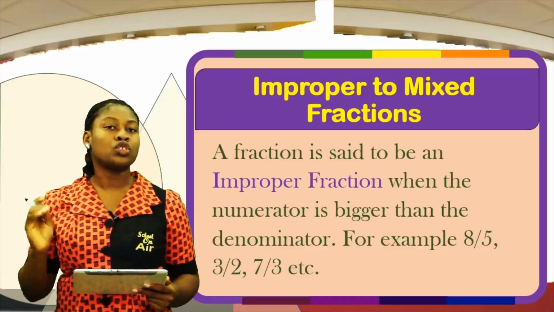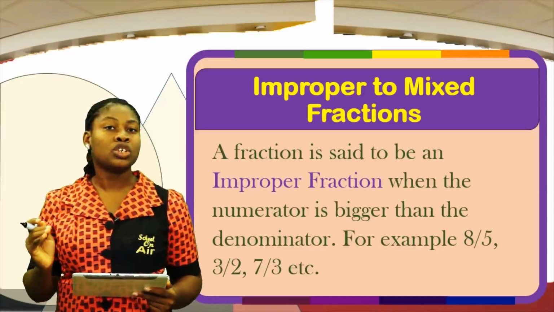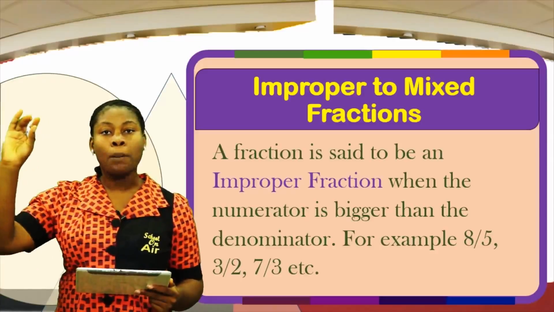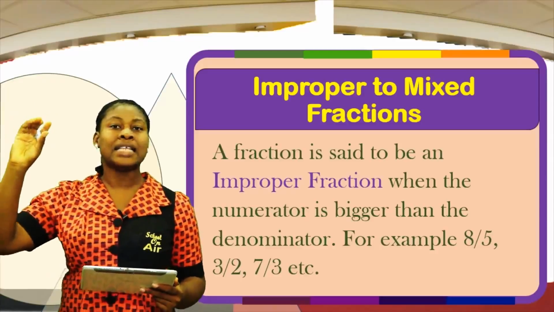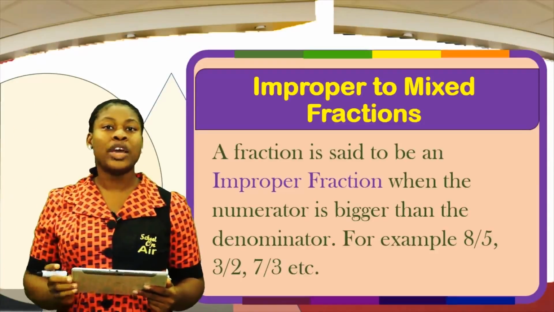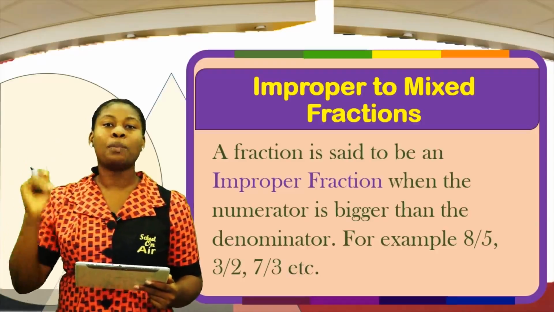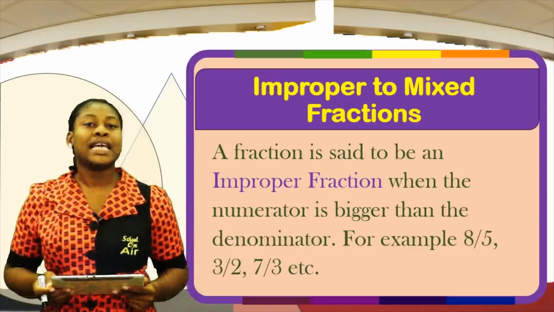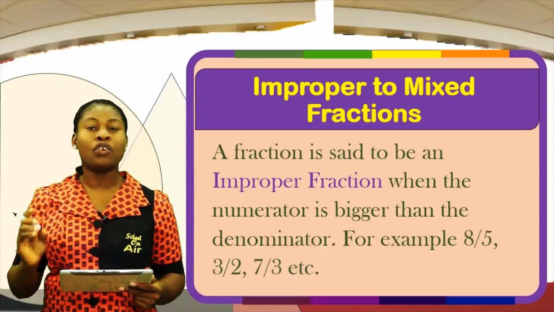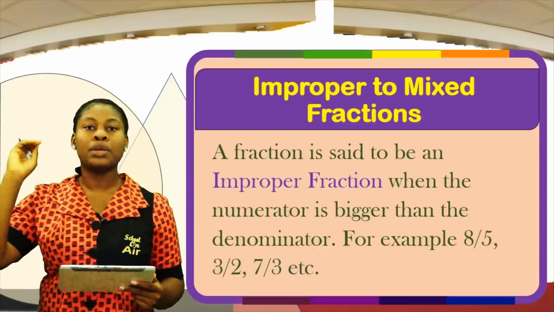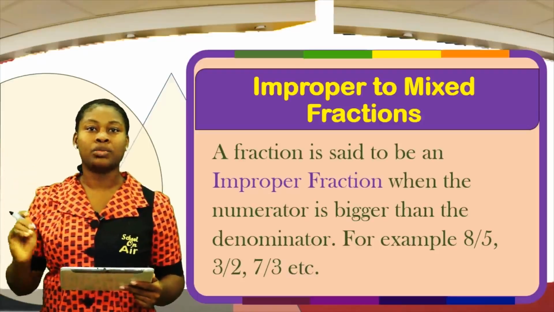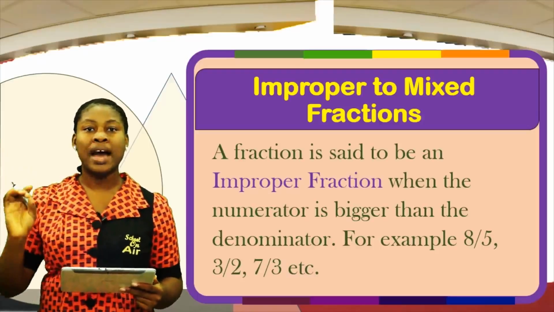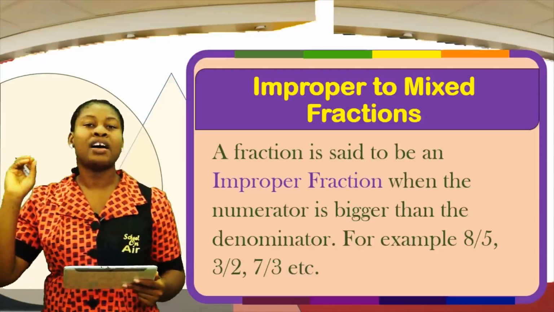We have some situations where the number up is bigger than the number down. That is when you have an improper fraction. It is not properly placed. It is not right for the numerator to be bigger than the denominator.